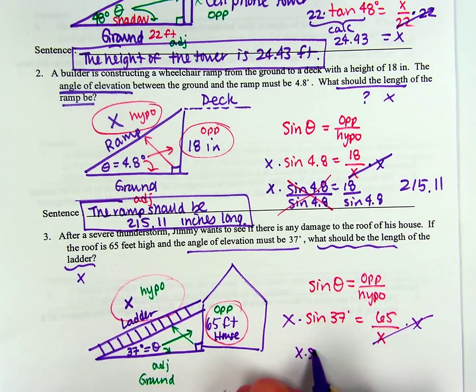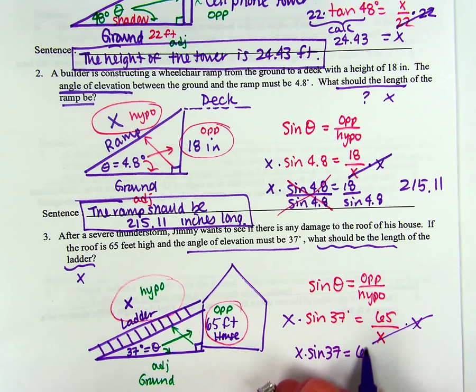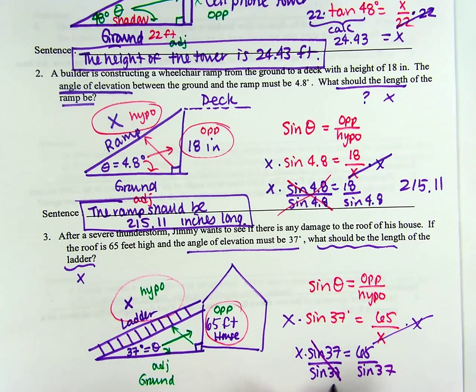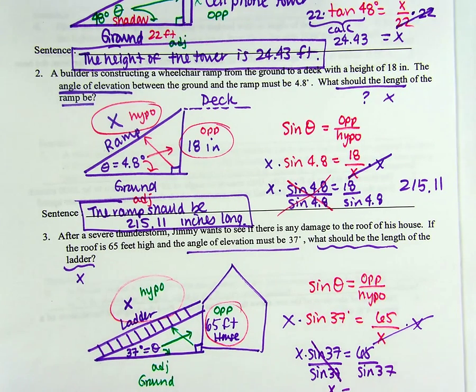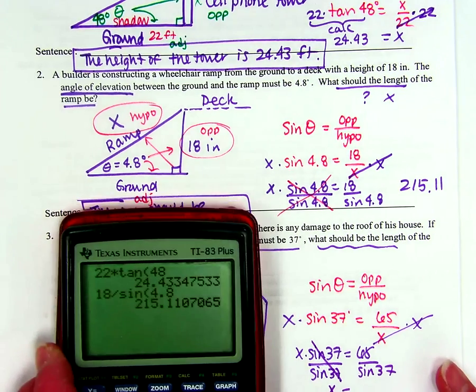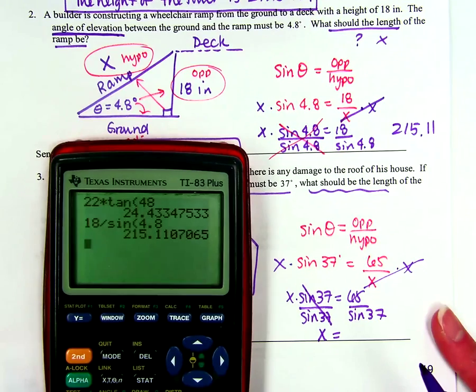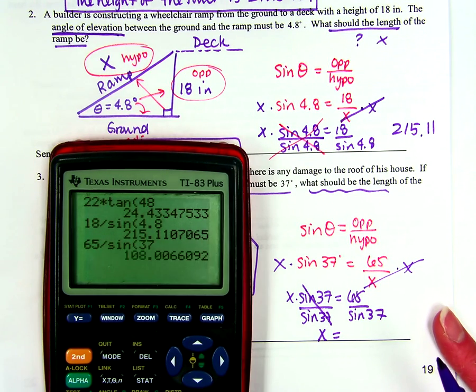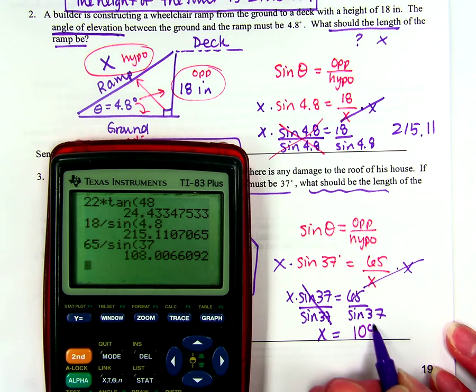So I have x times sine of 37 is equal to 65. Then to undo my sine of 37, I want to divide by sine of 37. So I have x equals 65 divided by sine of 37. So I'm going to grab my calculator, do 65 divided by sine of 37. All right, and that gives me 108.01.